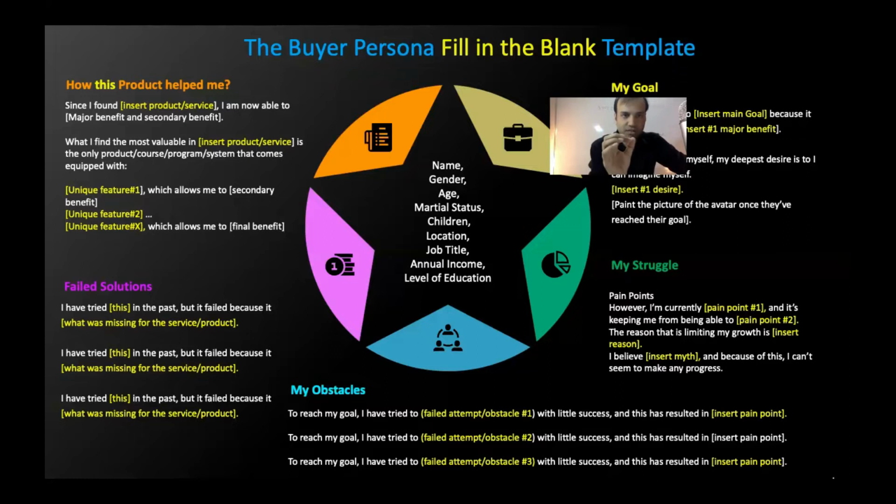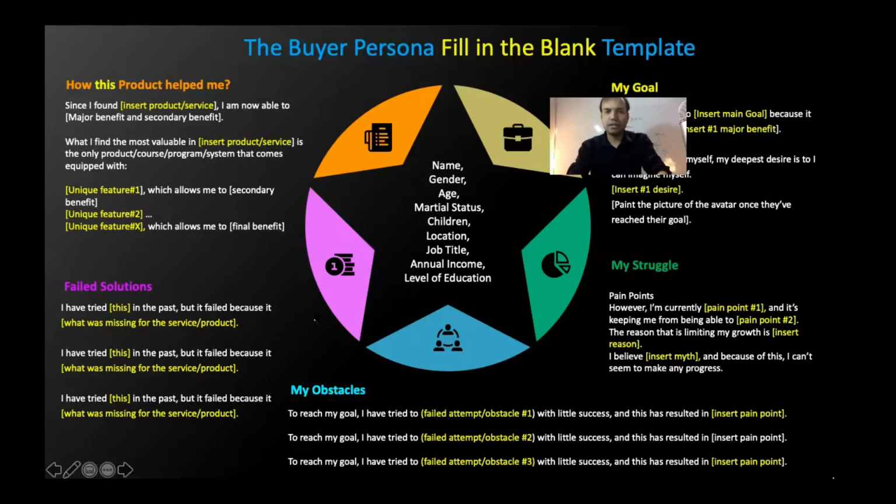Since I found this product, I'm able to launch my freelance business. Since I found this person's coaching solution or training, I'm able to launch my freelance business or whatever the product you have. You think about it in that manner.